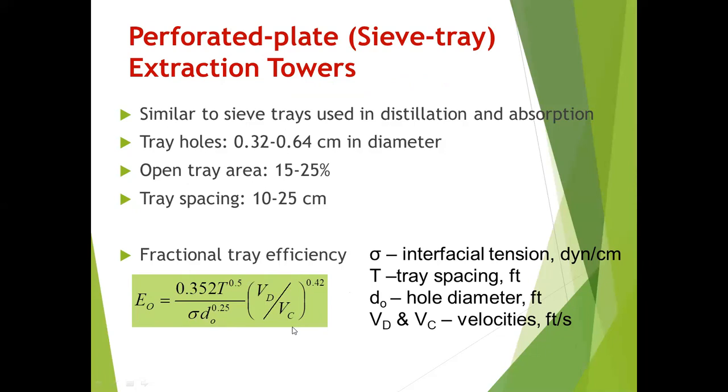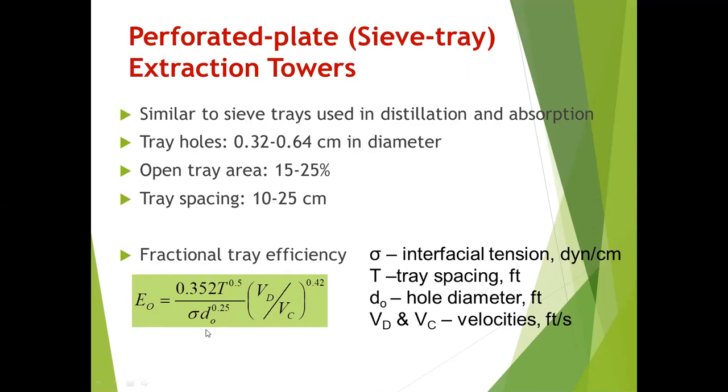All of the parameters here except one have English units. The dyne per centimeter, you have to take note, was not converted to pound mass per hour squared. Since this is empirical in nature, we have to follow the set units for the parameters that appear in the formula.